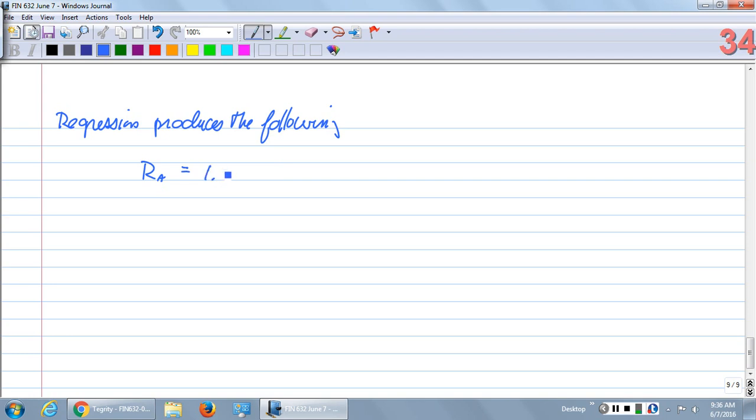The output is 1% plus 0.9 times R_M plus the firm specific surprise. Let's see, where am I looking here?